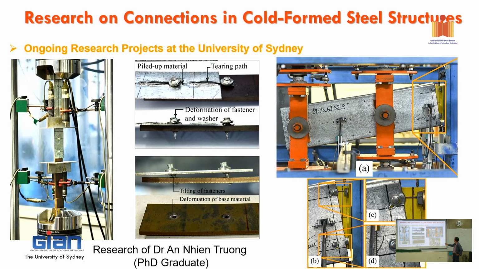So we packed our 200 millimeter depth of cold formed purlins into that. You can see there's a lot of deformation or bearing in here. And it's interesting here because this is the connection at, for example, a building connection. And the connection here is a little bit more complicated.